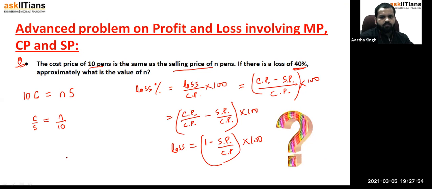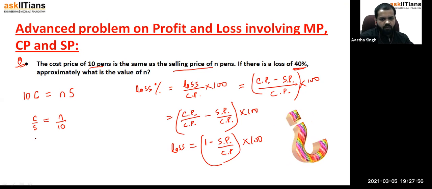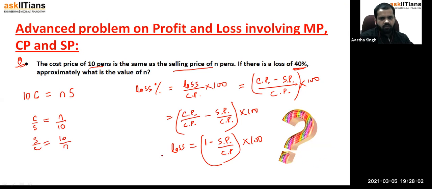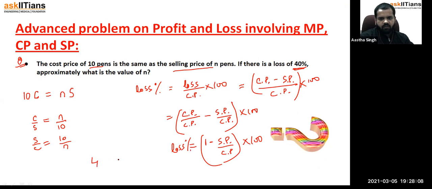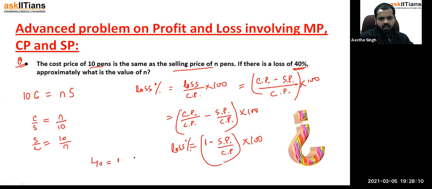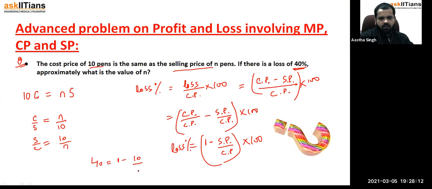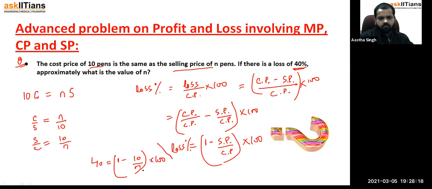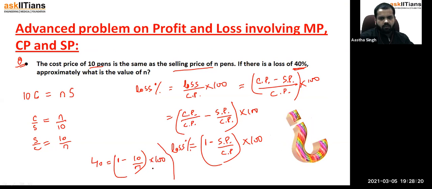So if you calculate S upon C here, then it will be 10 by n. Just put the value. Loss percent is given as 40. So 40 equals 1 minus SP upon CP, which is 10 upon n, multiplied by 100.